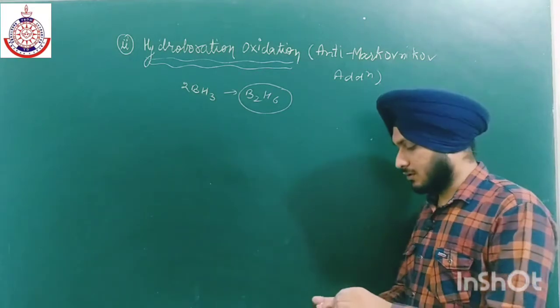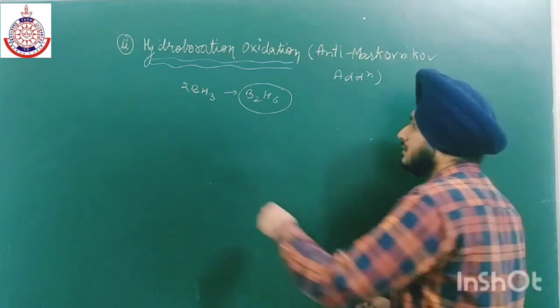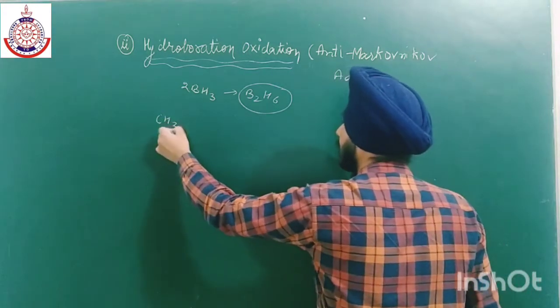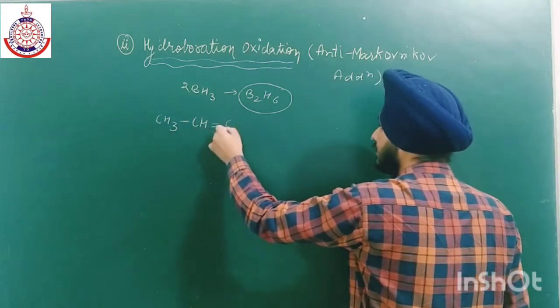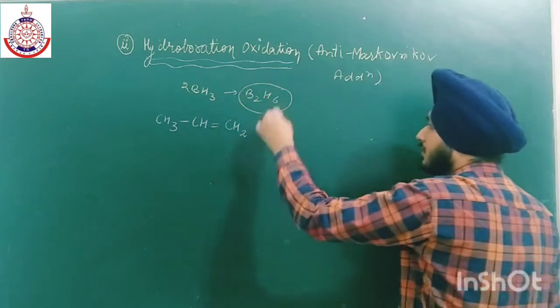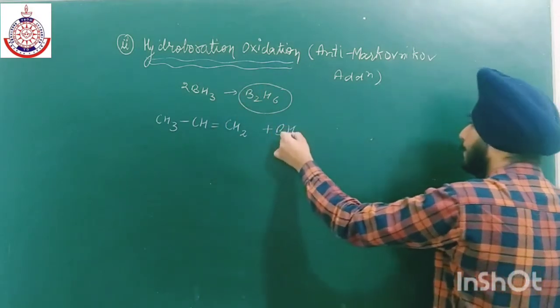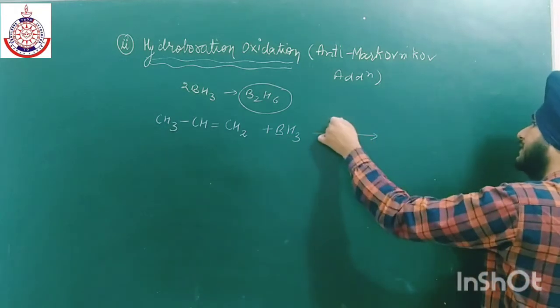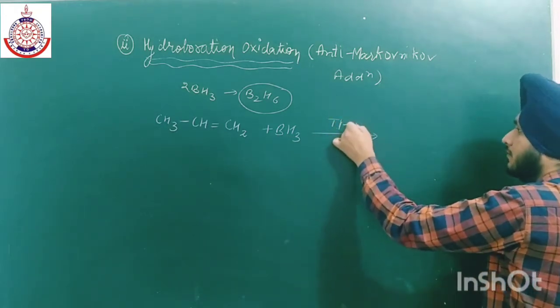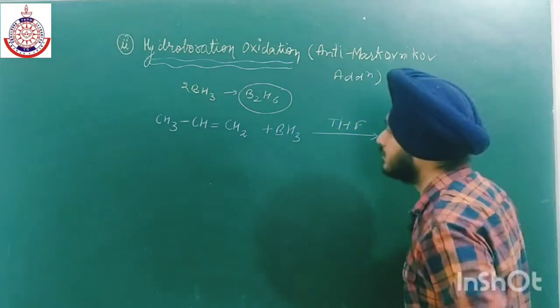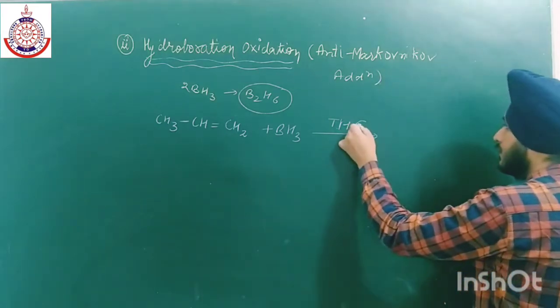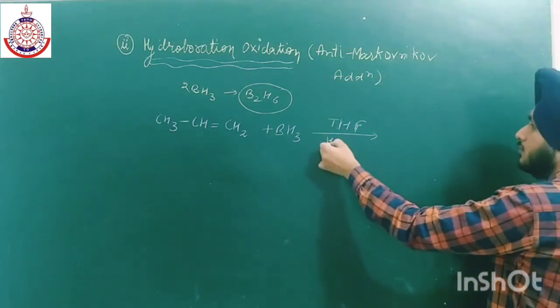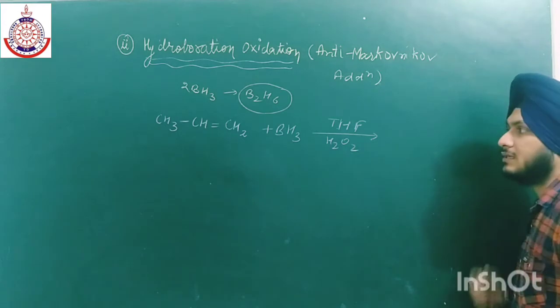So the general reaction is CH3 CH double bond CH2, I am taking an unsymmetrical one, plus BH3 in the presence of the solvent THF, tetrahydrofuran, and then H2O2, hydrogen peroxide.